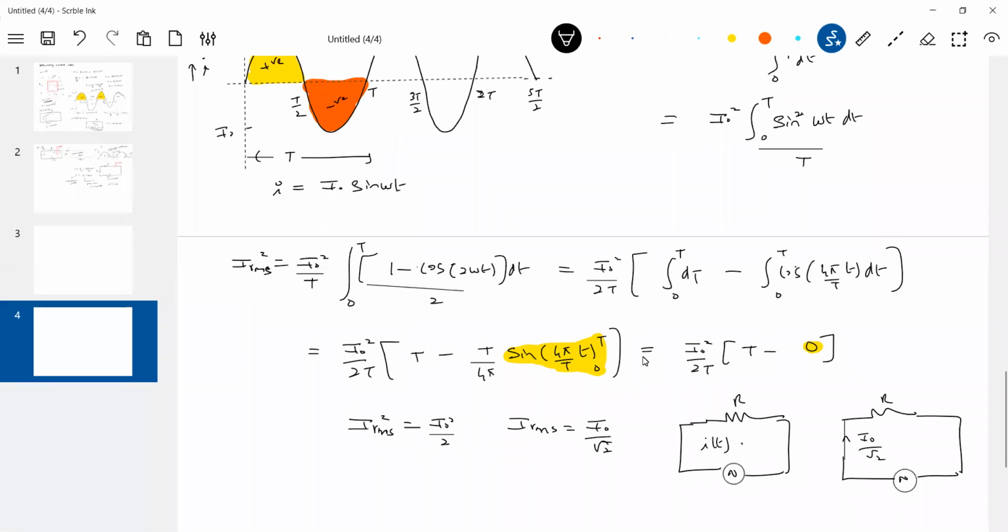Then you can say this I naught by root 2 is the equivalent of this current. So the ammeter and voltmeter which I design should take care that the deflection is proportional to heat generated. Therefore they are called hot wire instruments. When I design an ammeter for AC signals, the deflection of the pointer should be proportional to the heat generated, not proportional to theta as we did for DC current.